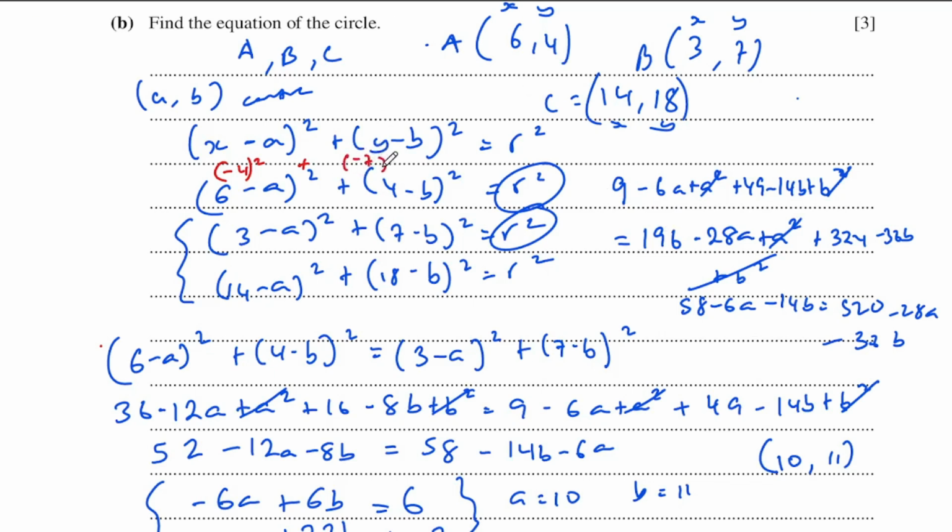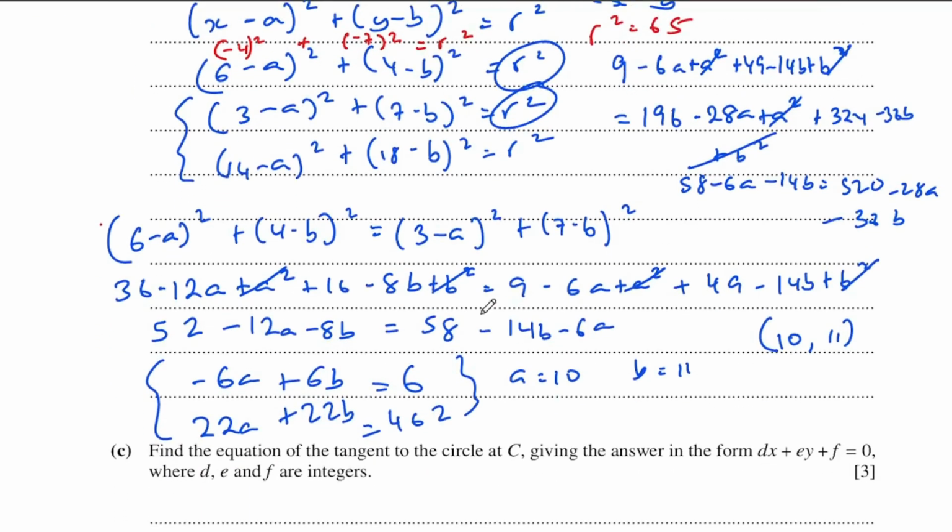So negative 7 squared equals r squared. So 4 squared is 16 plus 49, which is just 65. Yeah, and so r squared equals 65. And so our equation of the circle would just be x minus 10 squared plus y minus 11 squared equals 65. And that would be our equation of the circle.